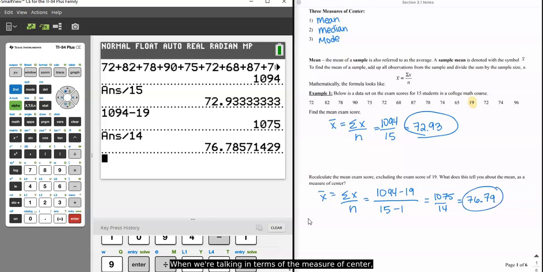So when we're talking in terms of the measure of center, and we have a data piece that is far away, sort of an outlier from the rest of the data, it definitely affects the mean. And so we would say that the mean is not a resistant measure of center.